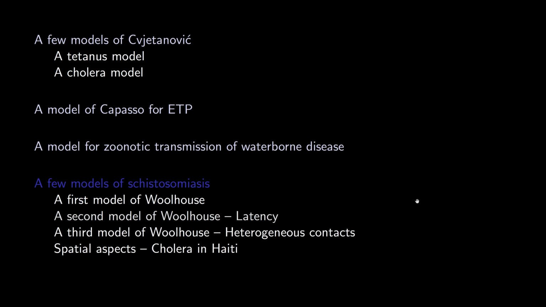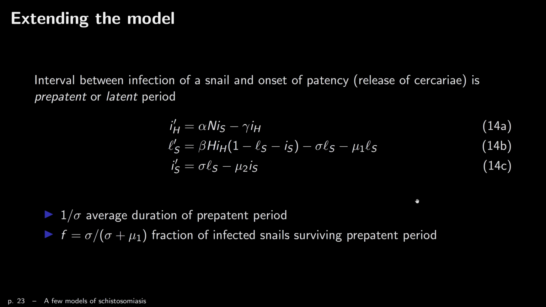Okay, so the paper of Woolhouse, as I was saying, is very rich in models. There's a variety of models in there that you can look at. I really recommend taking a look. But one that I'll just quickly illustrate is when you introduce latency.